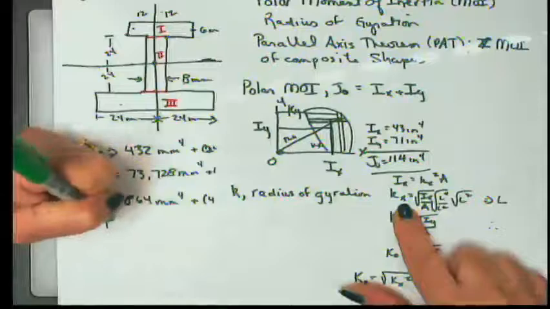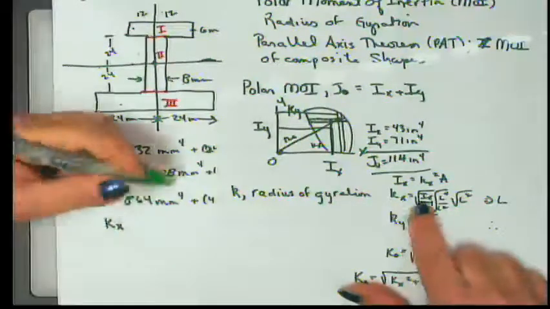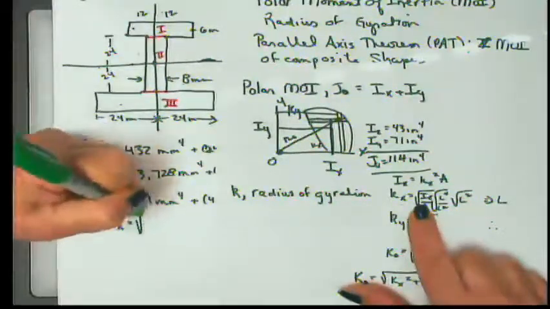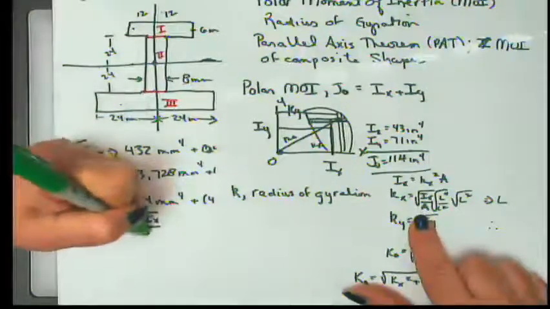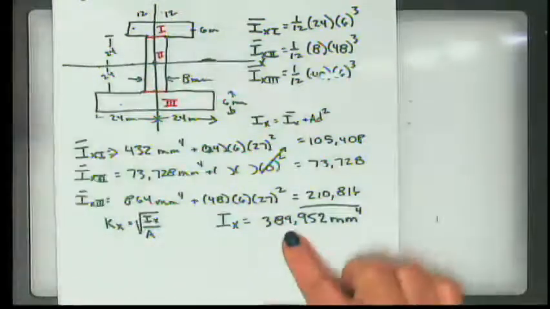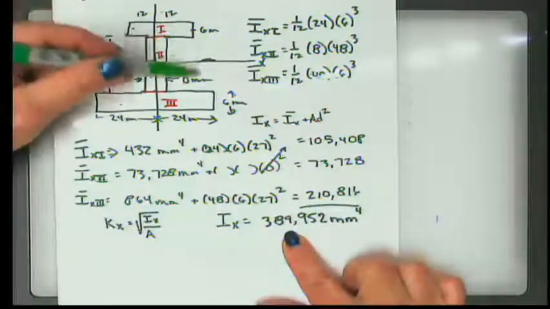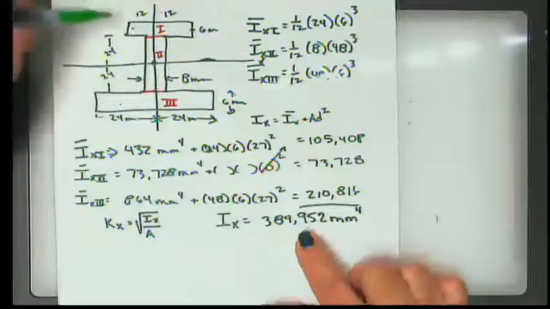So k sub x, the radius of gyration about the x-axis, is equal to the square root of the moment of inertia about that axis divided by the area. So we have the value of I sub x. We need to compute our area.